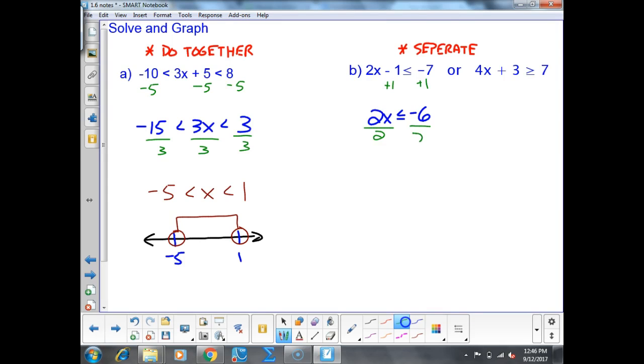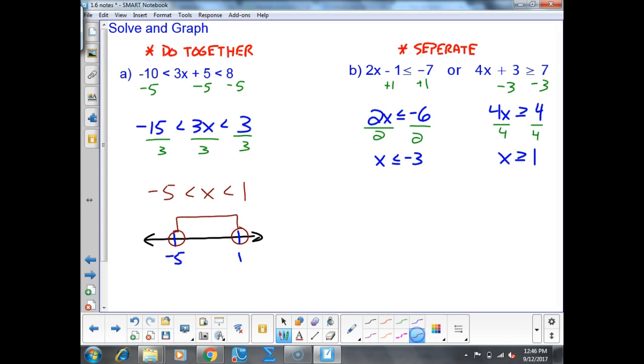Divide by 2. x is less than or equal to negative 3. Subtract 3. 4x is greater than or equal to 4. Divide by 4. x is greater than or equal to positive 1.